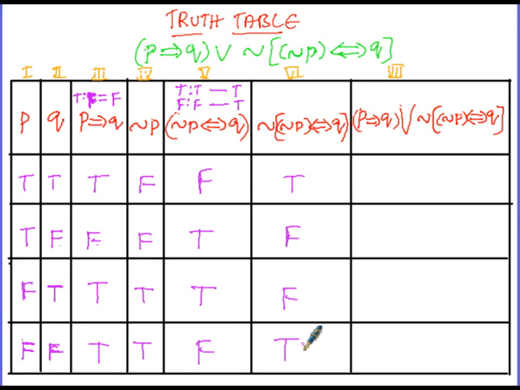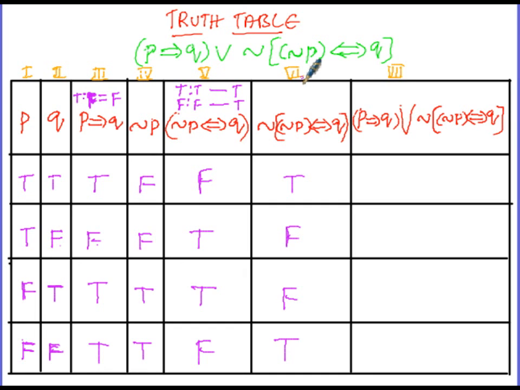Then later we have to find P implies Q or the negation of this complete bracket, that is negation P bi-implies Q. P implies Q is in the third column, and the negation of this bracket is in the sixth column.